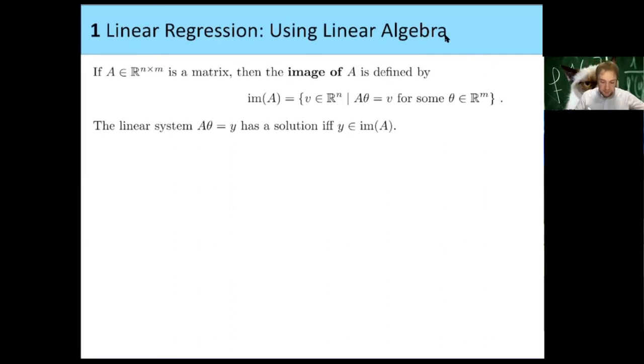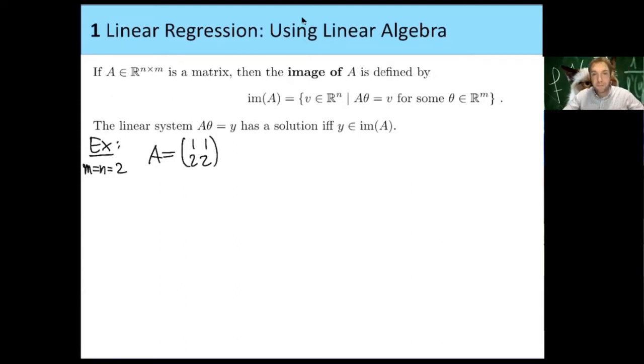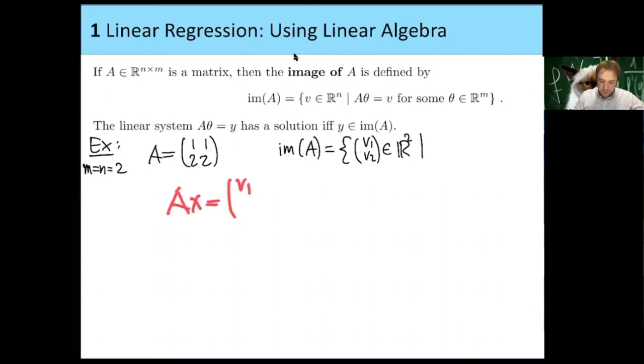So let's do an example. If I take, for example, the matrix. So here in this case, m equals n equals 2. So what is the image of this matrix A? It will be vectors of size 2 with a certain property. Well, for which vectors can I solve this linear system that A x equals v?